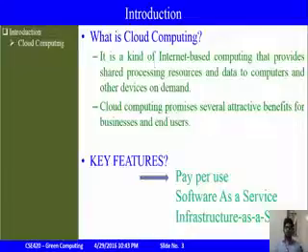Some key features of cloud computing are: first, pay-per-use; second, software as a service; and third, infrastructure as a service. Cloud computing has enhanced the ways users use software and their data very nicely, as all the data is backed up to the cloud and is very safe and secure even if it gets deleted on the local machine.